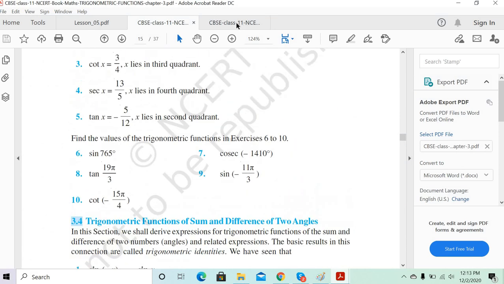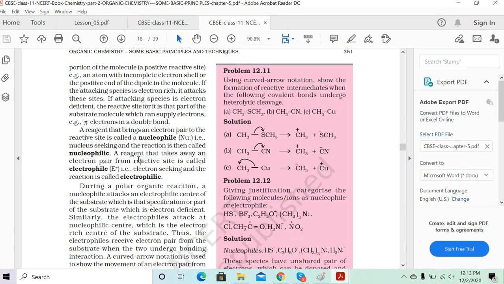So basically, a reagent that brings an electron pair to the reactive site is called the nucleophile. A nucleophile, as we say, is a nucleus lover.